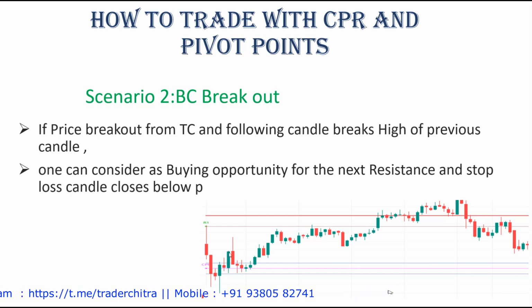So one can consider it a buying opportunity for the next resistance. The next resistance is R1, so we got the target achieved. Where can we place the stop loss? The stop loss can be placed below the P. So we can enter above this green candle, and the stop loss is below the P.